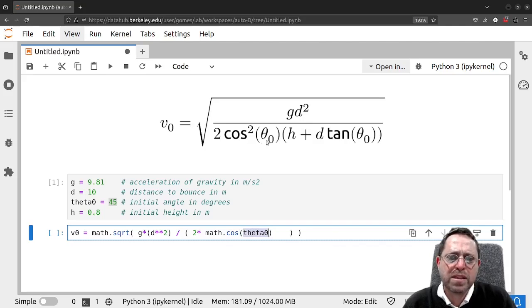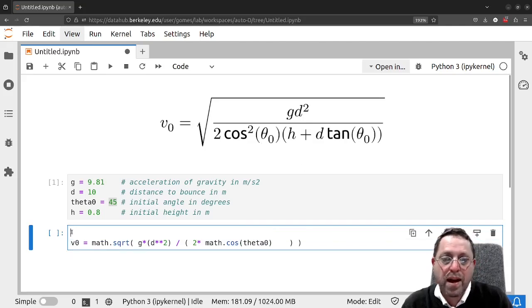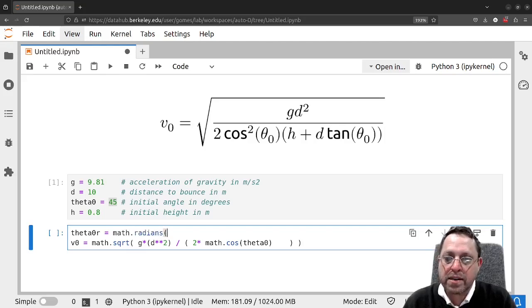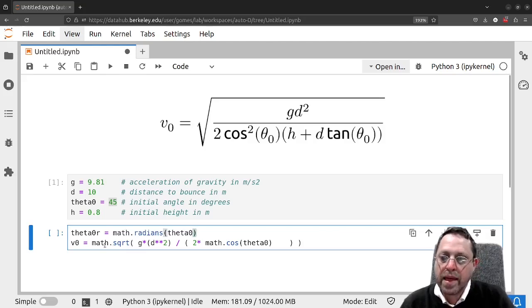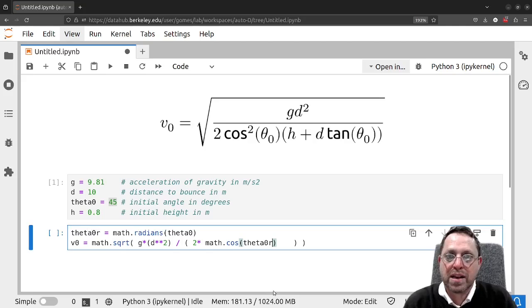Since I'm going to use it twice, theta naught here and theta naught here, I am going to define a new variable called theta naught r, which is just theta naught in the unit of radians. Then I can plug this theta naught r into the cosine. That just makes things a little bit more compact. And then this cosine has to be squared.